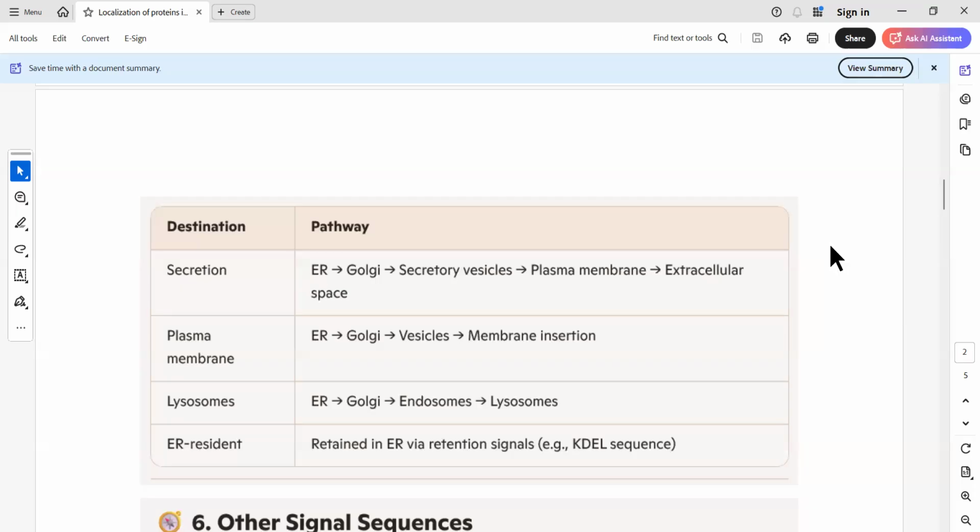However, even if it is transported to the Golgi, it can be transported back to the endoplasmic reticulum for its functionality within the lumen, or it might get inserted in the ER membrane. This is a retrograde transport from the Golgi apparatus to the endoplasmic reticulum using COP1 vesicles.